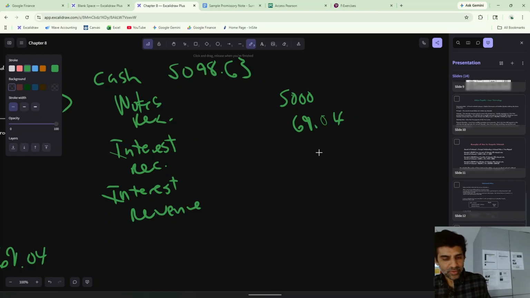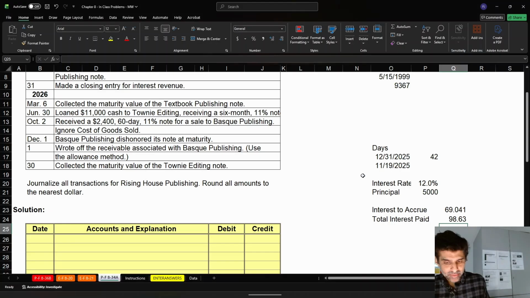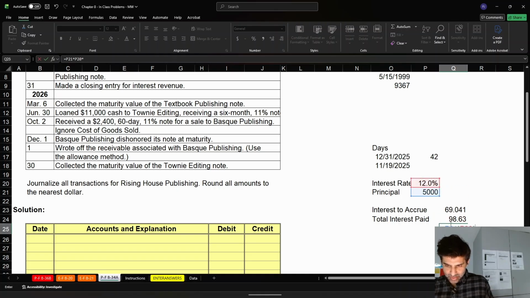So we could go back to this Excel sheet and do a calculation like this: 5,000 times 12% times 18 divided by 365. But really, this plus this should be $98.63.